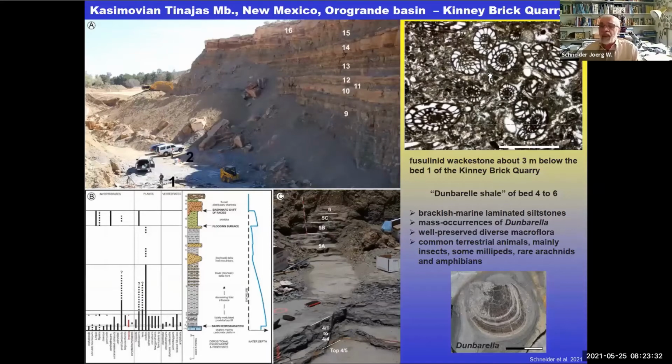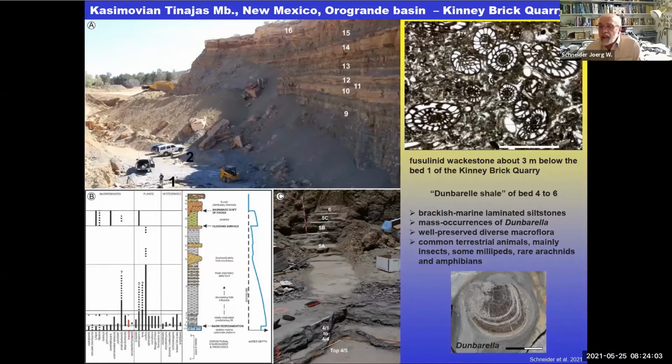Three meters below the floor of the Kinney Brick Quarry, a fusulinid rackstone has been found, which gives us a record of the marine guide fossils. It is followed by 5 to 10 meters of Dunbarella shales, brackish marine laminated siltstone with mass occurrences of the name-giving brackish marine bivalve Dunbarella.